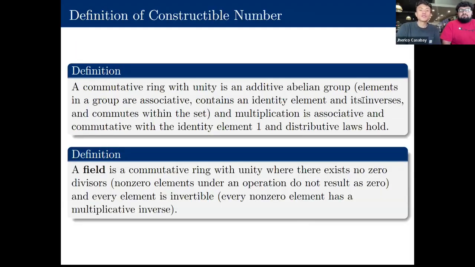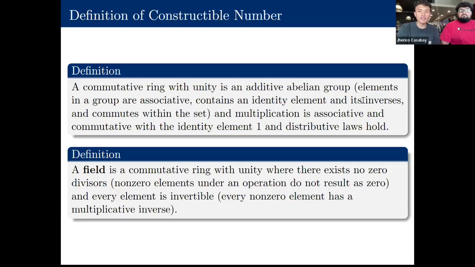Before we go into the definition of a constructible number, we have to introduce some terminology. First is a commutative ring with unity, or with identity. The unity and the identity can be interchangeable, but it's basically an additive abelian group, where an additive abelian group is the elements in a group that are associative.